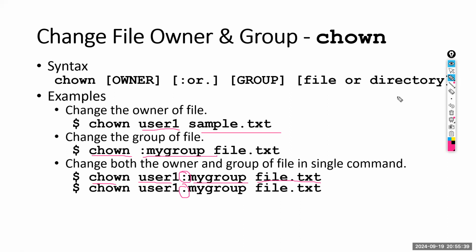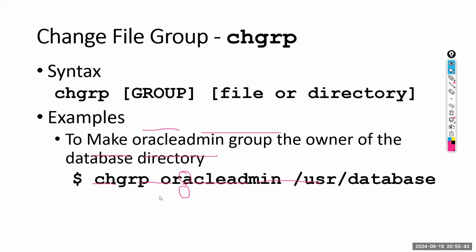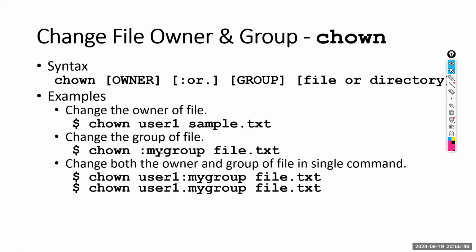But chgrp you can use to change only the group. So usually you don't need chgrp because changing the group you can also do using chown. But anyway, they have given two commands: chown, you can use for owner, group, or both, and chgrp, you can use to change only the group.